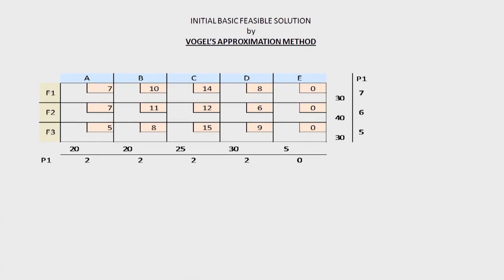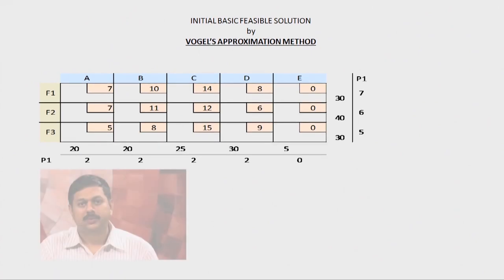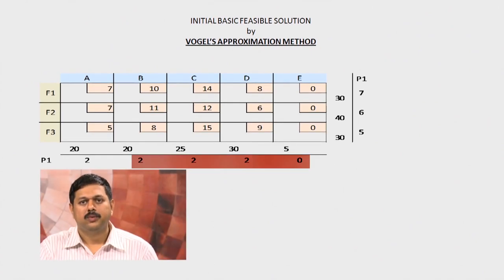The least cost of transportation in column A is 5 and the next highest is 7. Therefore, P1 is 2 for column A. Similarly, P1 is 2 for column B, 2 for column C, 2 for column D and 0 for column E.